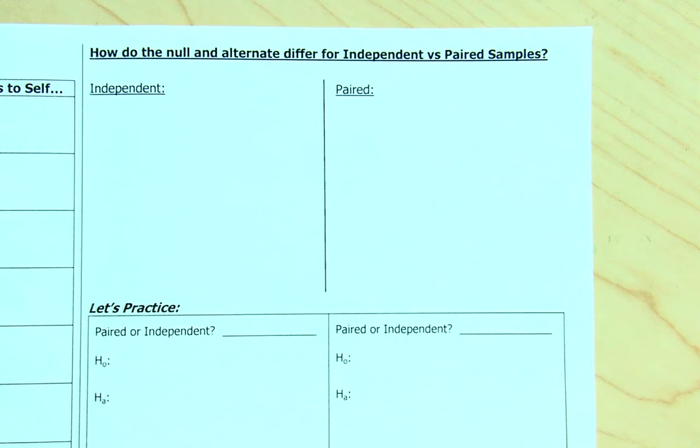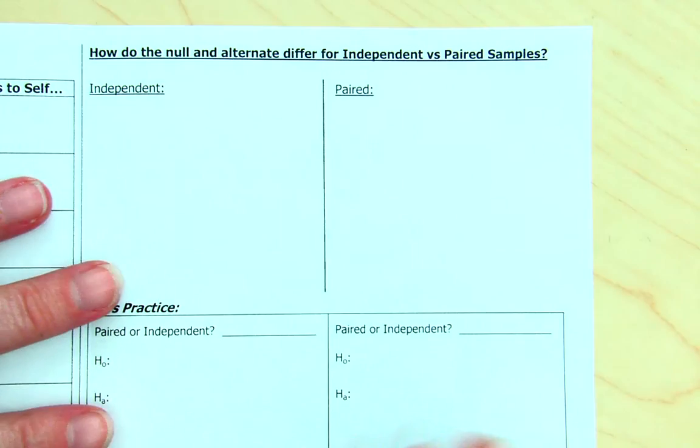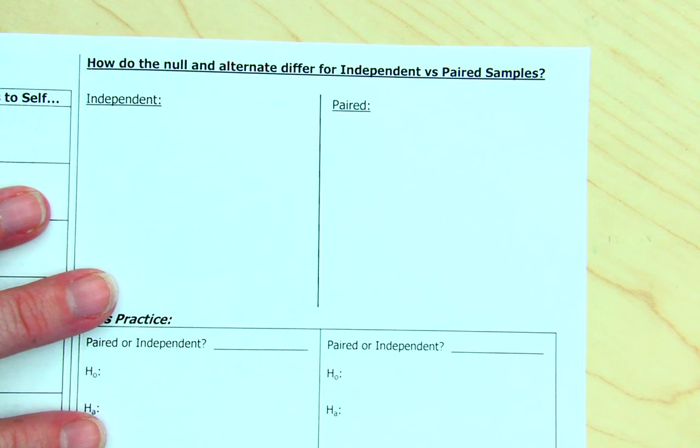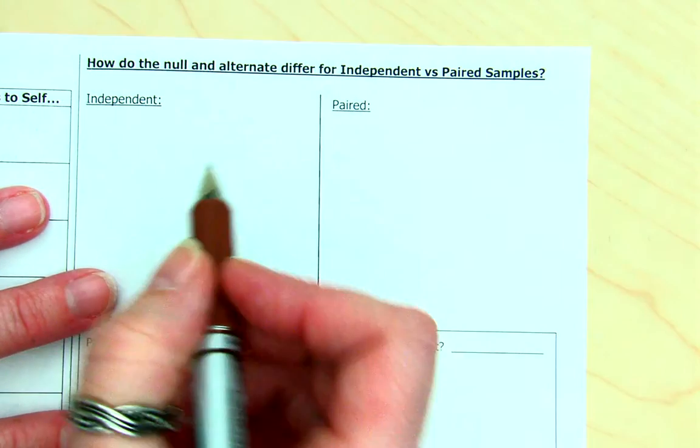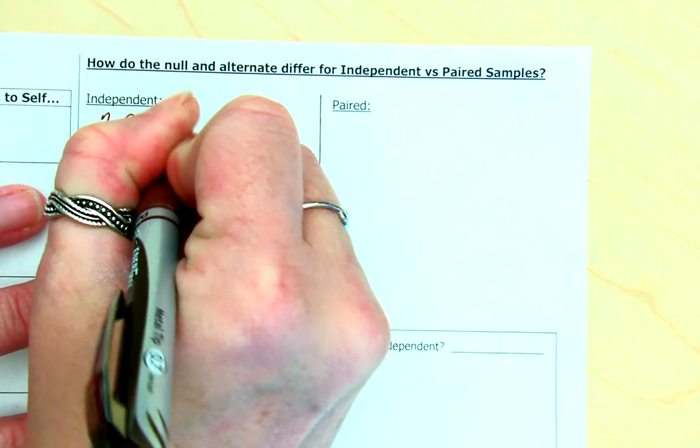Okay. So, let's go ahead and look over here at our null and alternative hypothesis, because our hypotheses are written differently for these 2. So, if we are looking at independent, the test we use for independent, if they're means, for instance, would be a 2-sample t-test.